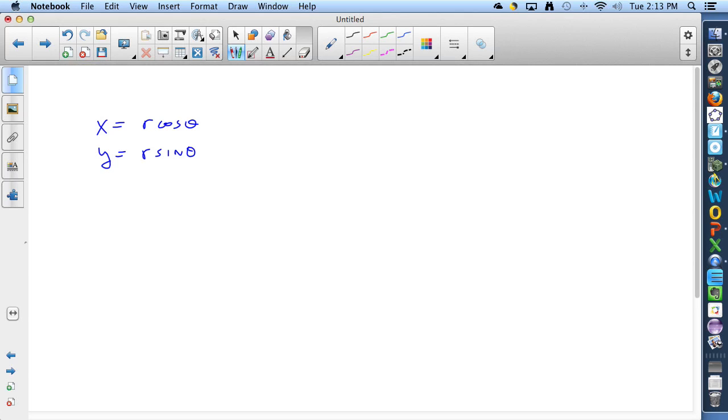This is a little new: these two functions are parametric with respect to theta, which is a variable, and r, which is a function in terms of theta. I want to talk about the derivative, and then maybe we'll do a practice problem.